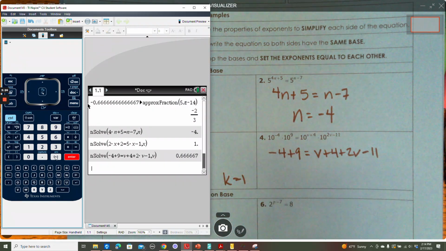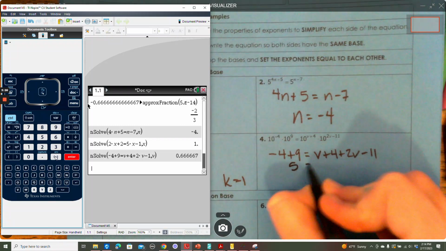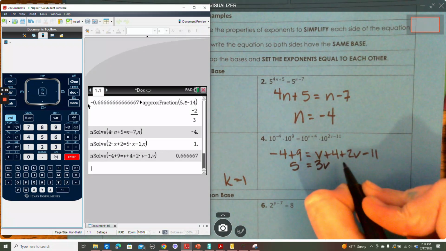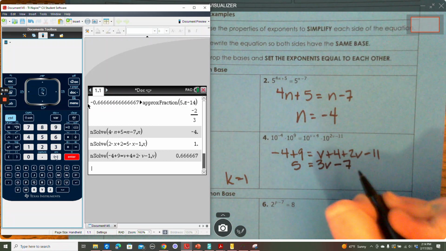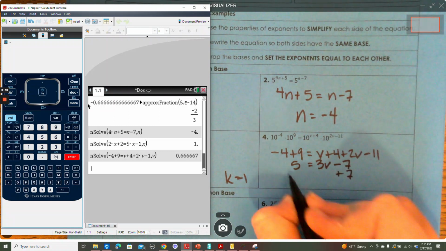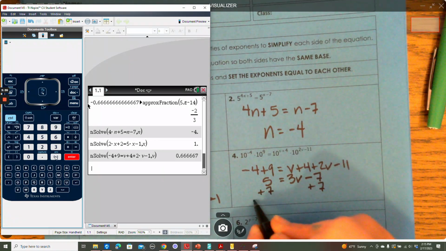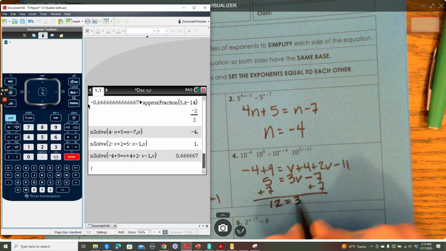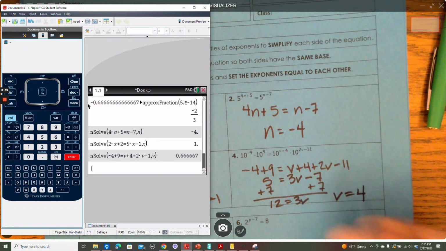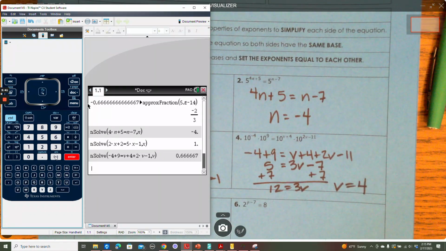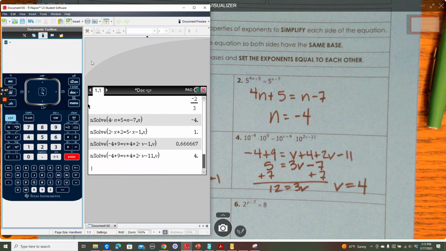Negative 4 plus 9 is a 5. This would be 3v minus 7. So I'm solving by hand now to check my work. Is 12. So v equals 4. I just typed something in wrong. Oh, and I see what it is now. I typed v minus 1 instead of v minus 11.